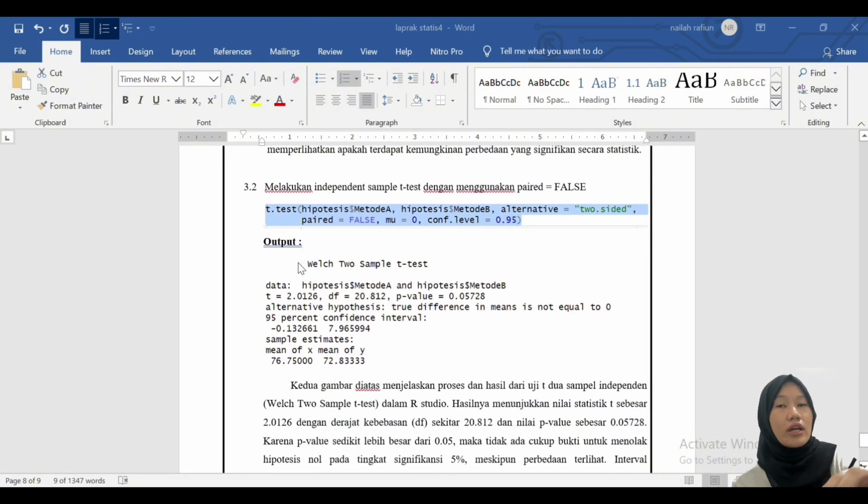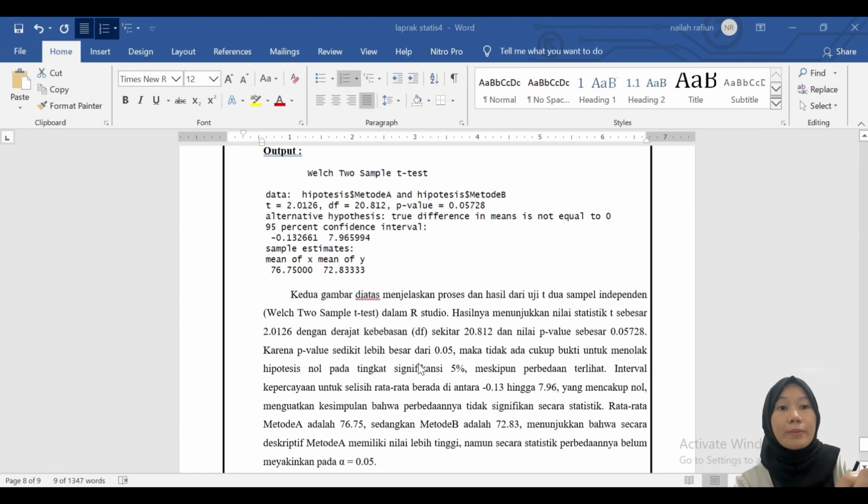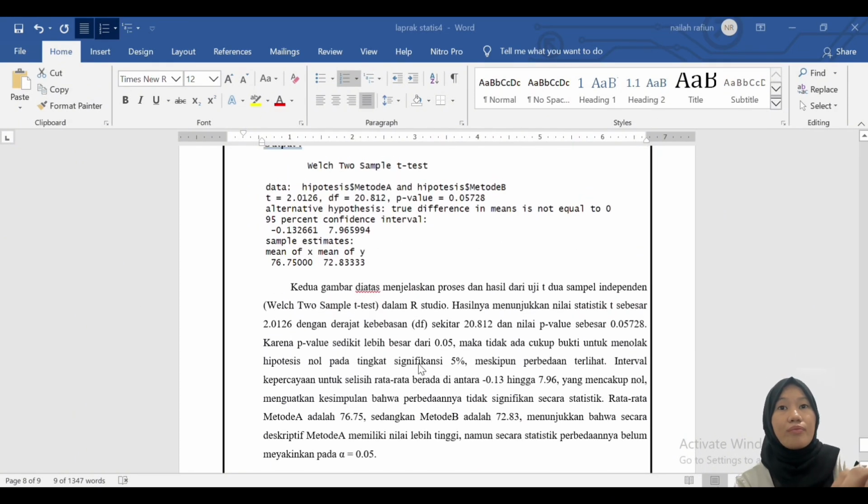And the last question is question 3.2. In this question, we have to perform an independent sample t-test using paired files. This is the code and the output. The two figures above explain the process and result of the Welch two-sample t-test in RStudio.